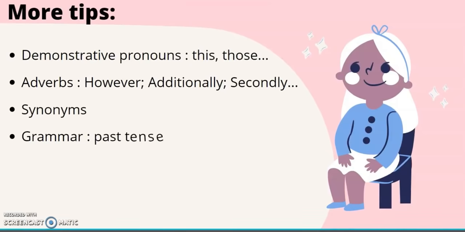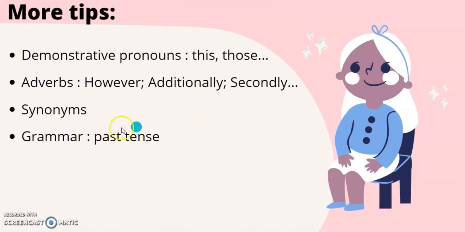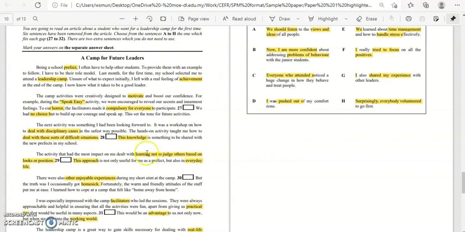Finally, the grammar used in the sentence also may give you some hints. For example, if the sentences before and after the gap are in past tense, the sentence that could fit in the gap is likely to be in past tense too. Let me use gap 30 to explain this. Let's look at the sentence before it.